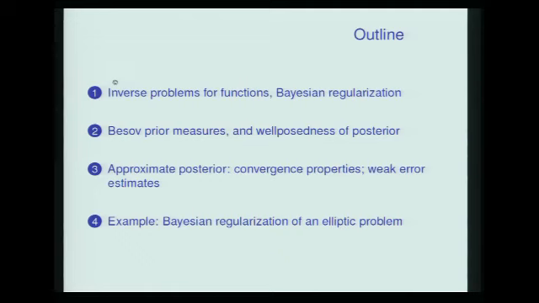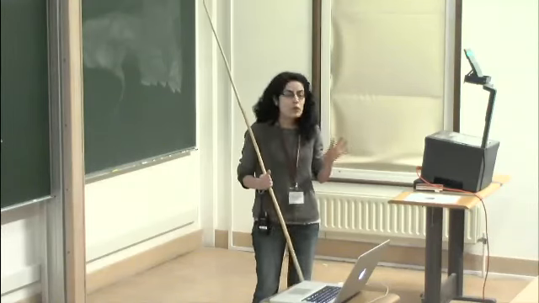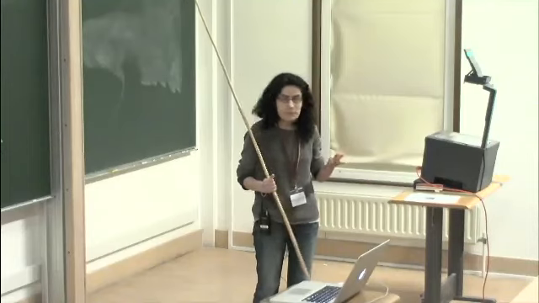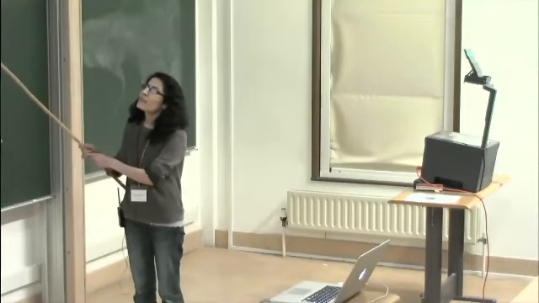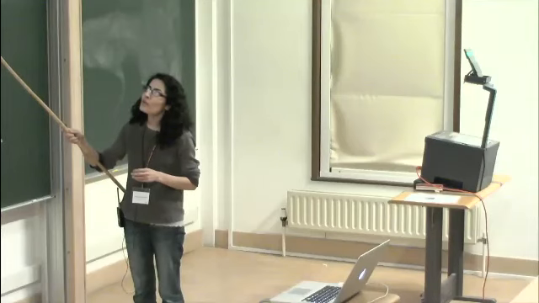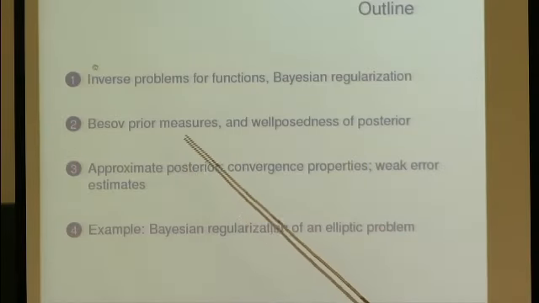And then I am also interested in cases where a Besov measure, which I'm going to explain in a few minutes, works better as a prior measure. Then I'm going to show you some well-posedness results when we have a Besov measure as the prior.